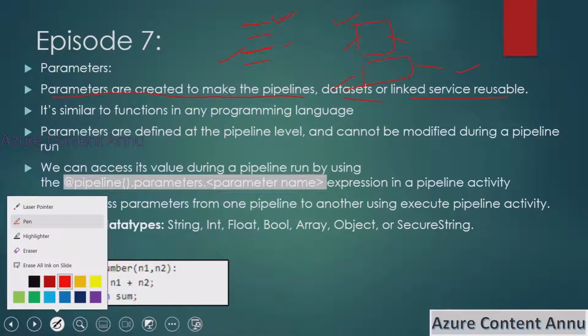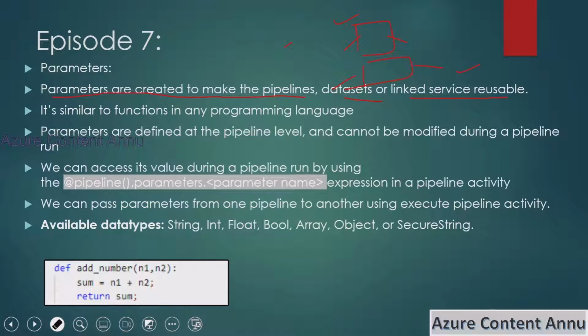But since we have something called parameters in ADF, we don't need to create multiple copy activities or multiple pipelines for this. We can just use the same copy activity to copy multiple files by parameterizing the input and output dataset. So what it means is you have to create parameters for your dataset, and during the runtime you will provide the value for this parameter.